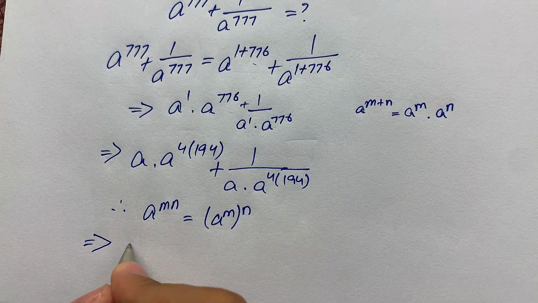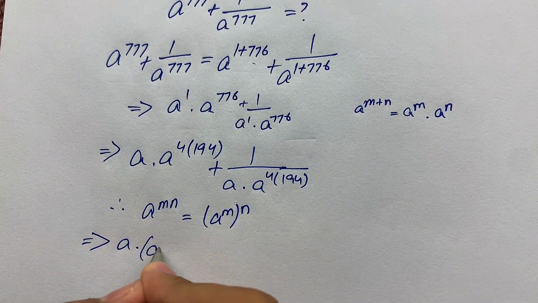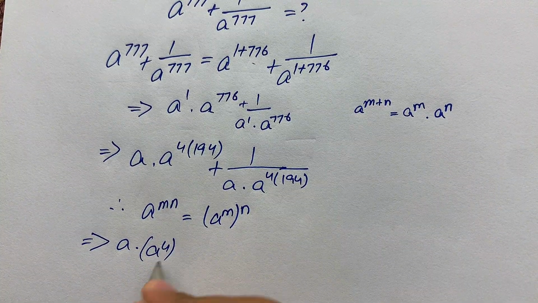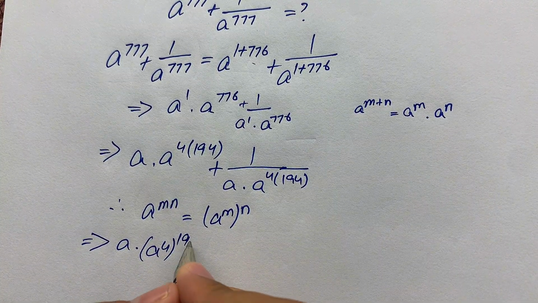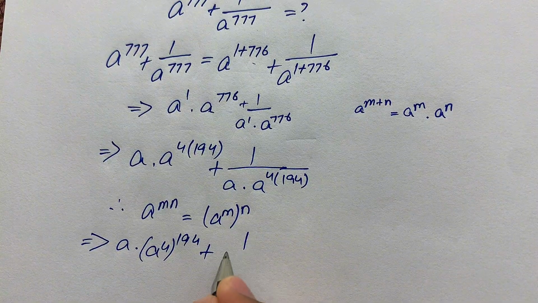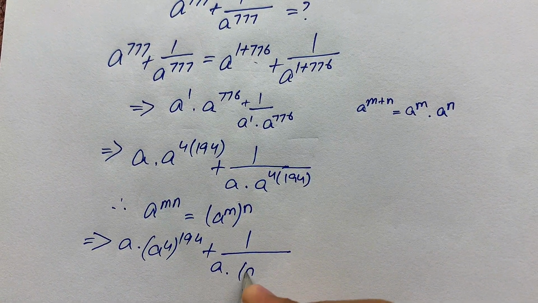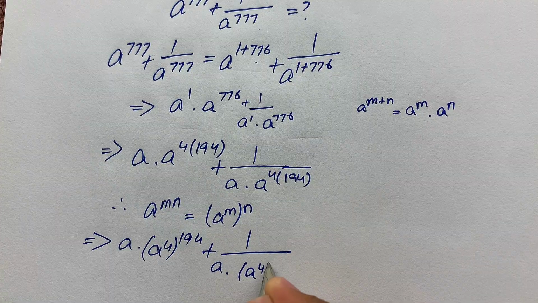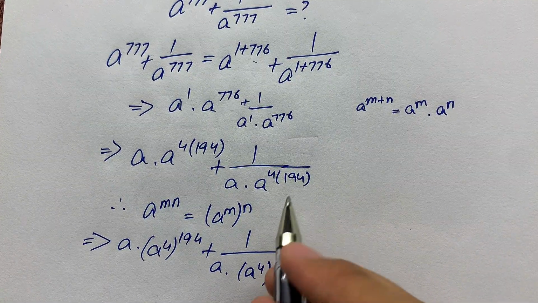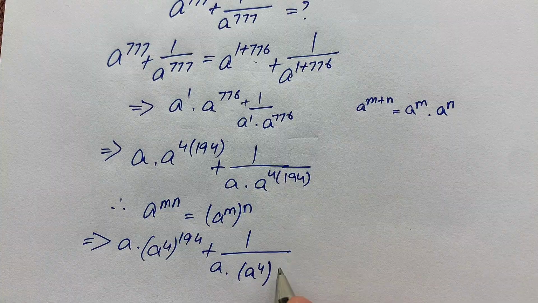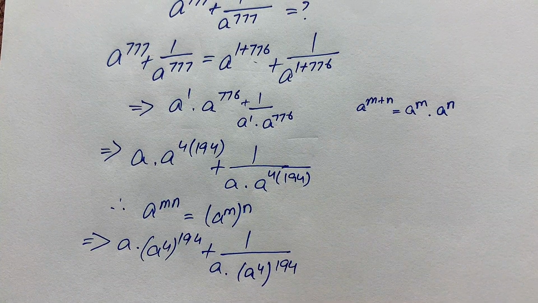And that is equal to a into a to the power 4 whole to power 194 plus 1 divided by a into a to the power 4 to the power of 194.